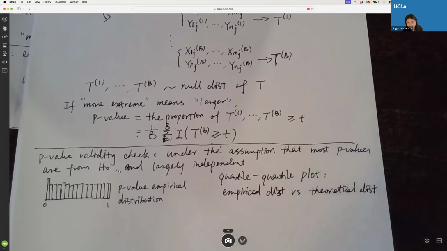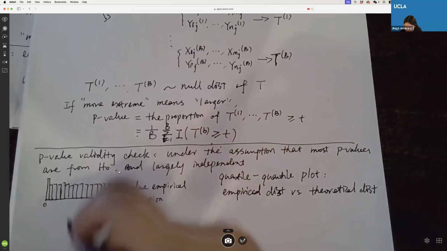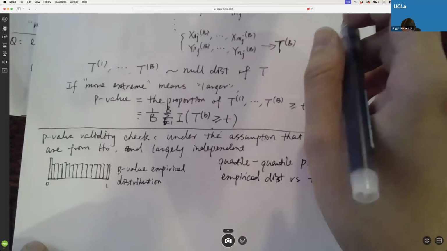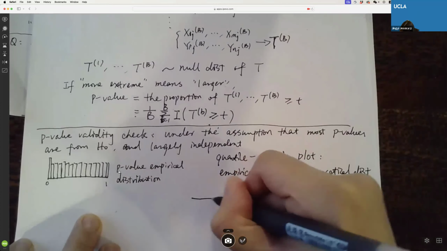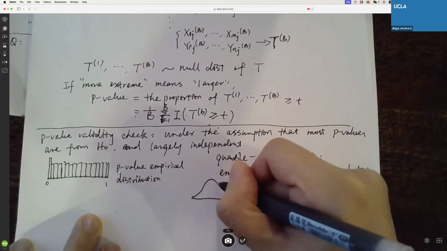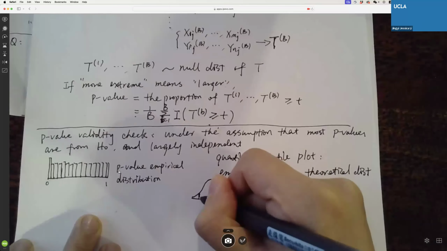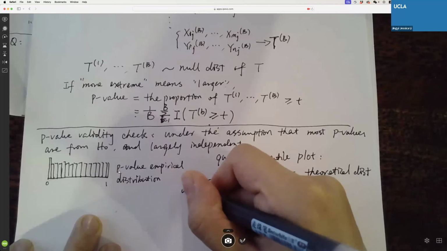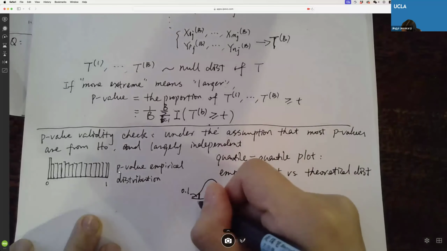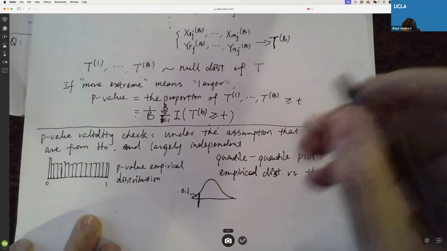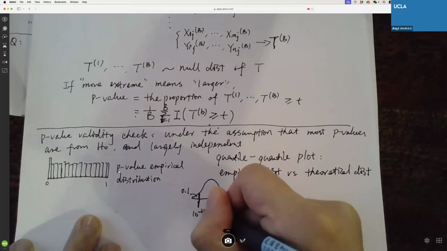So what does a quantile mean? Let me use a normal distribution, maybe a better example. Say if this is a normal distribution, and the left tail here is 0.1, then I can call the corresponding value the 10th percentile.